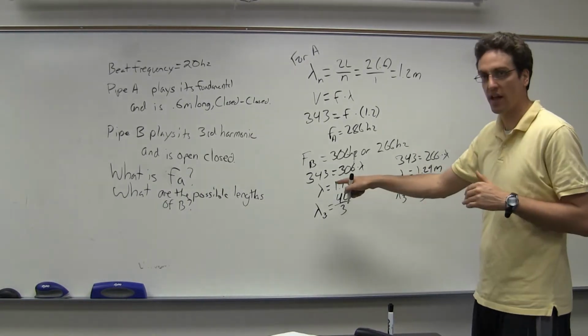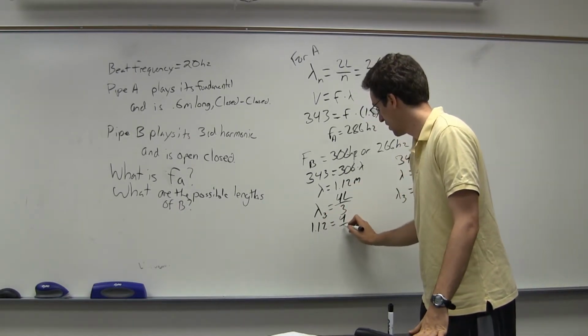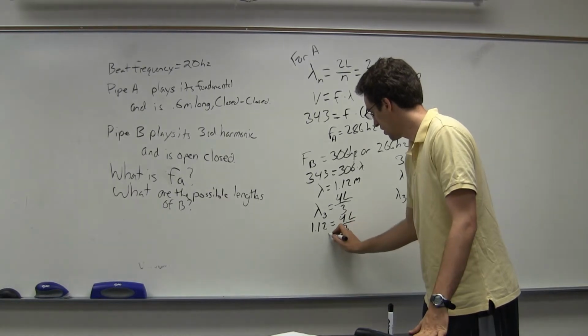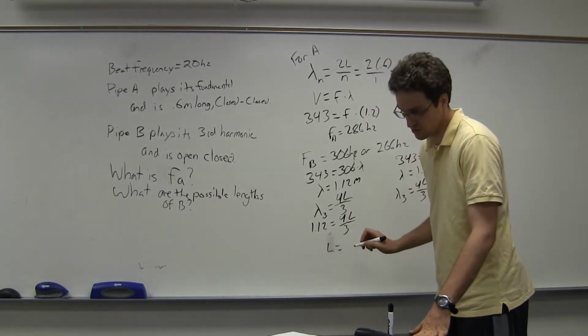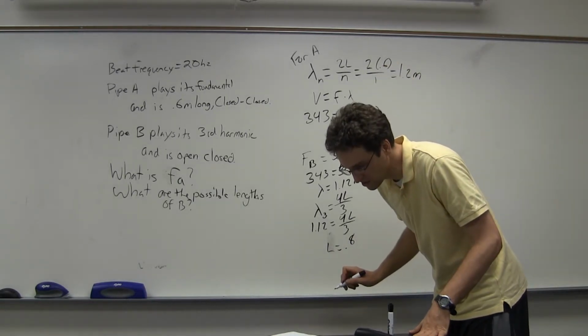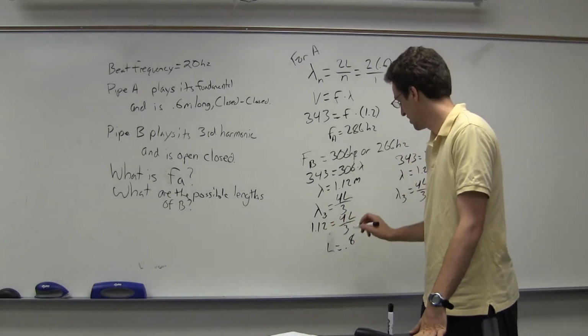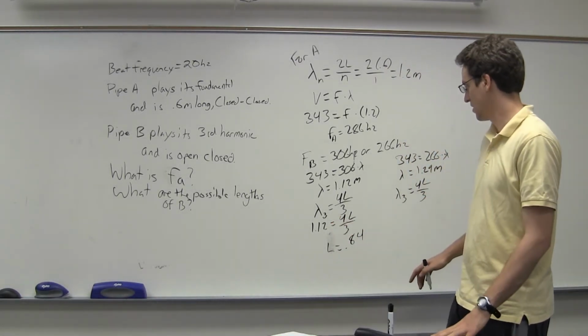Because I know those wavelengths, I can do 1.12 equals 4L over 3, and from that I get L equal to 0.84.